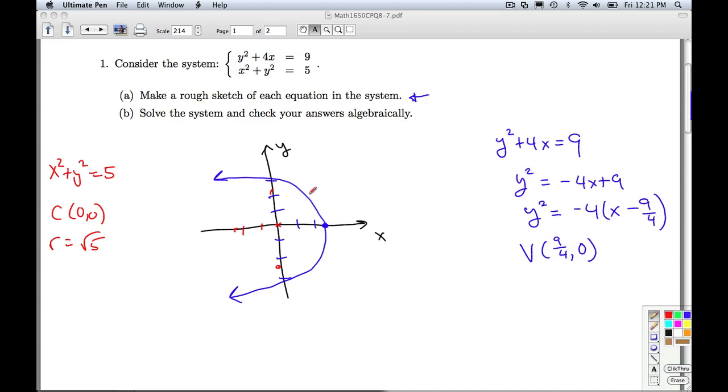It's tough to know exactly what's going to be happening. We could intersect at 2 points. We could intersect at no points, depending on if it cuts through or not. So regardless of what happens, it appears as if the intersection points are going to be in the first quadrant, which means the x value we're going to look for is going to have to be positive.